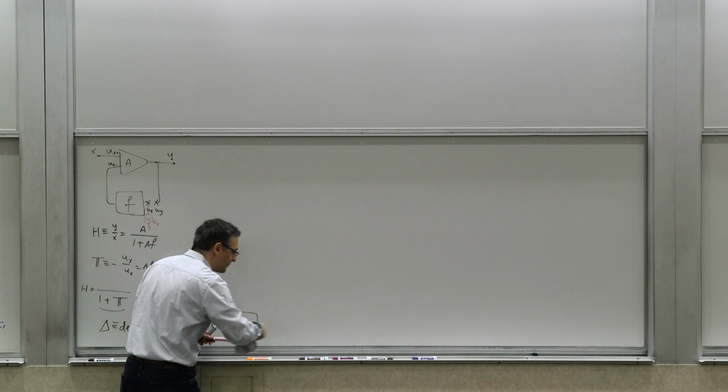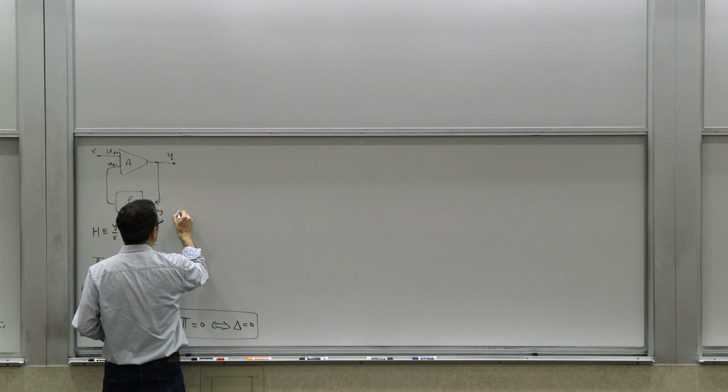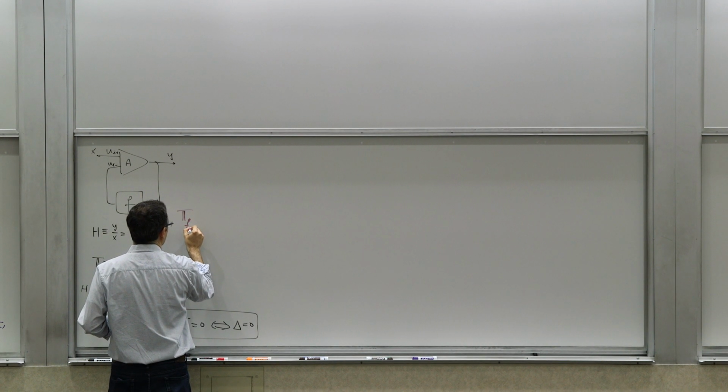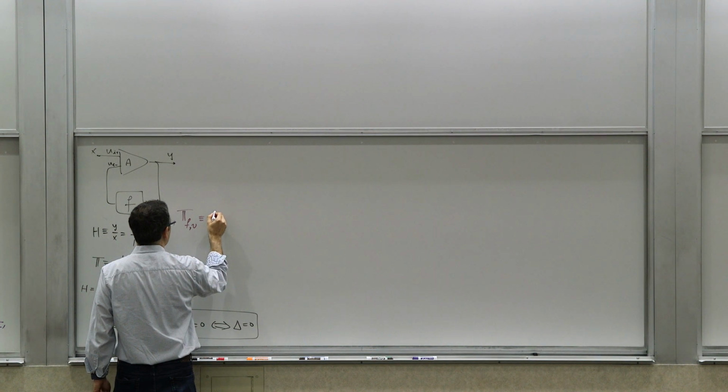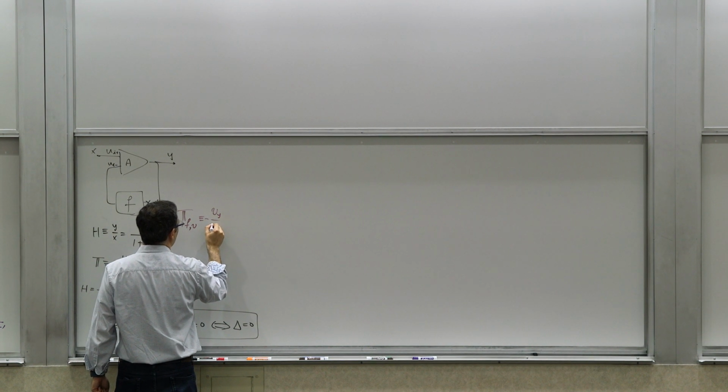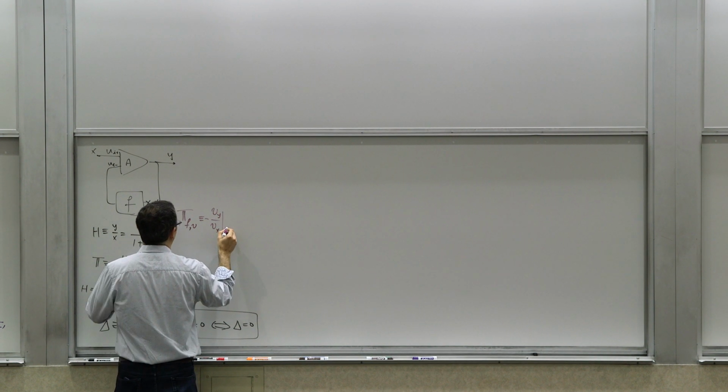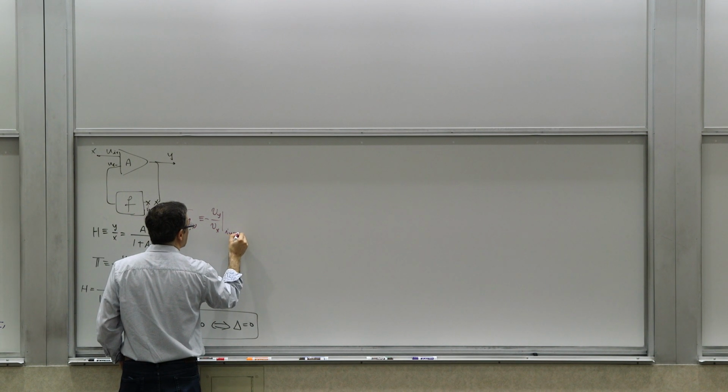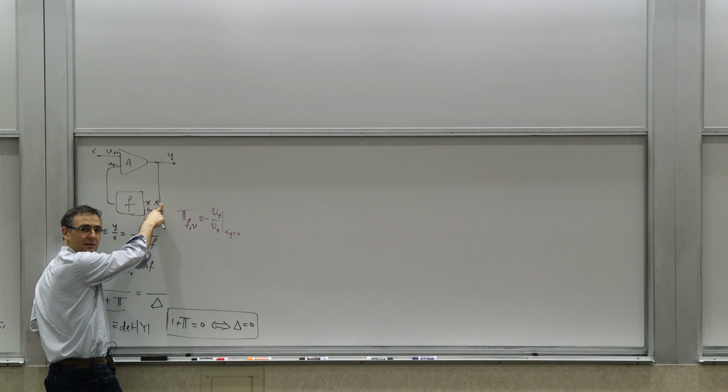So we defined the forward voltage loop gain as the ratio of negative Vy over Vx when Iy was 0, meaning that this was open circuit.